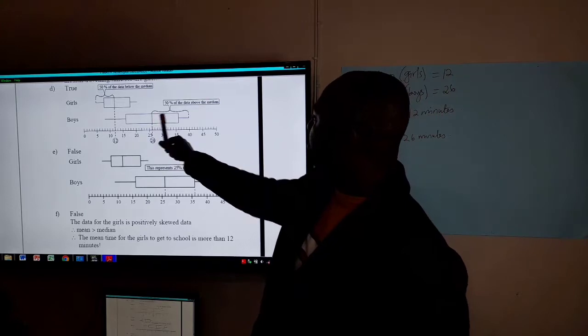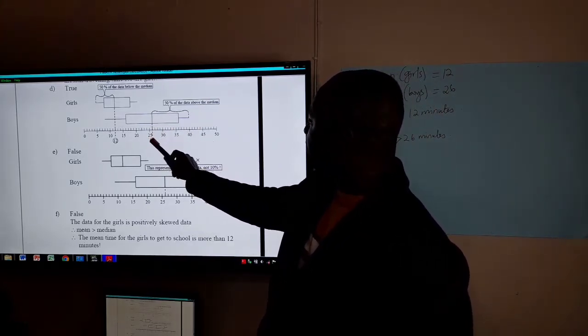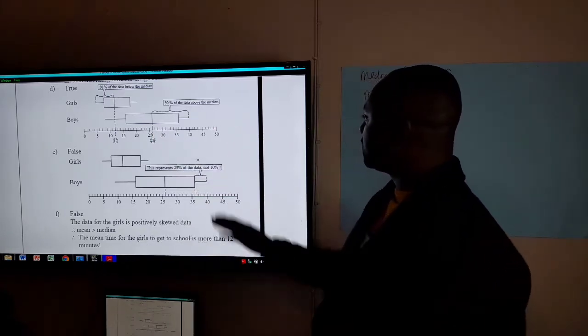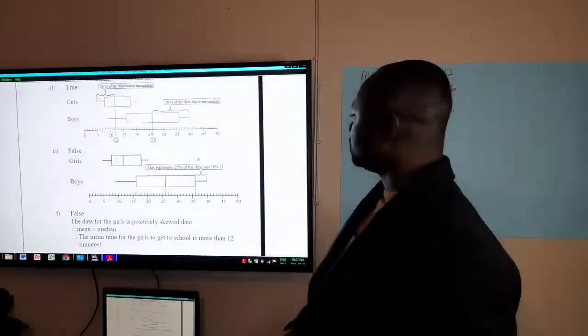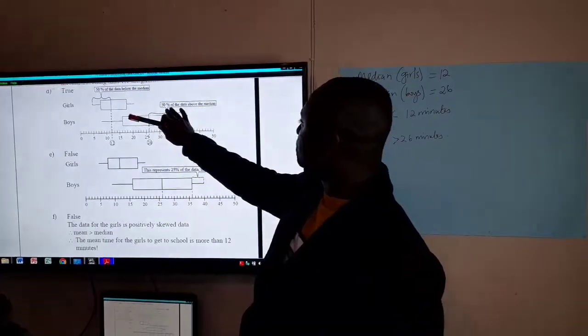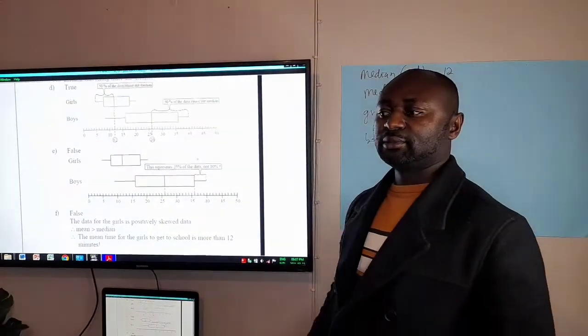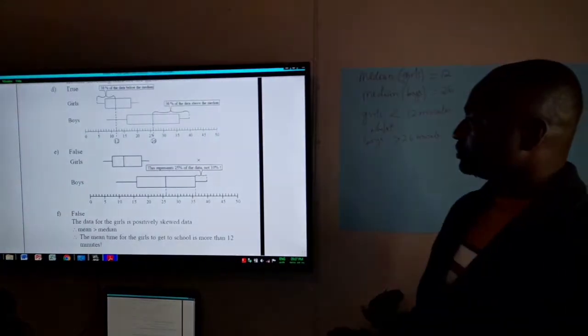From the median to the maximum value, 26 is the median. So it's true also that the boys take more than 26 minutes to get to school, because it's also talking about 50% of the data above the median. So that is also true.